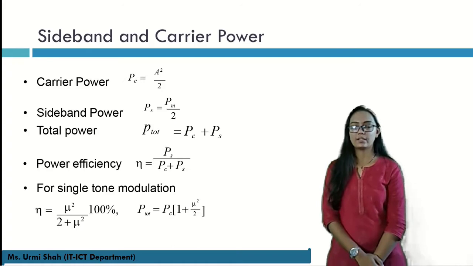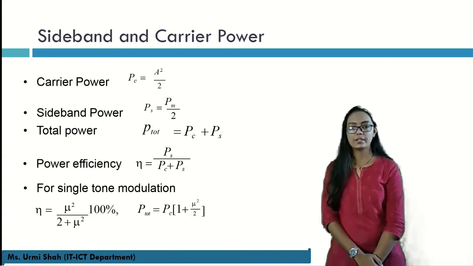So the total power is the summation of carrier power plus sideband power, that is Pc plus Ps, power caused due to carrier as well as sideband. The power efficiency for this DSB-FC signal is represented by eta, that is equal to Ps upon Pc plus Ps, where Ps is your sideband power and Pc is your carrier power.